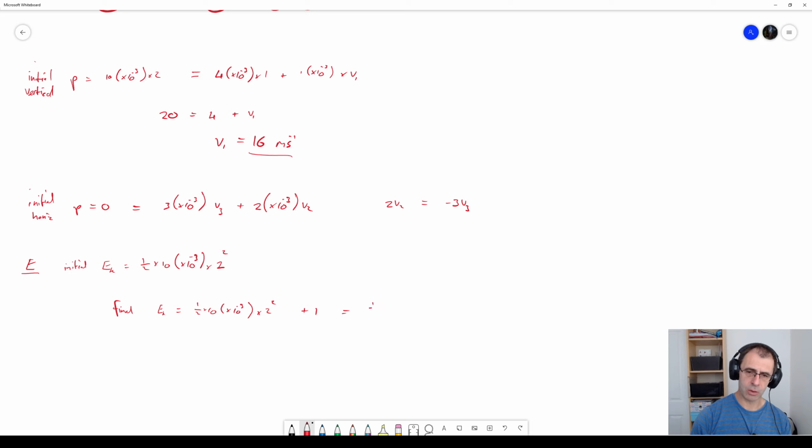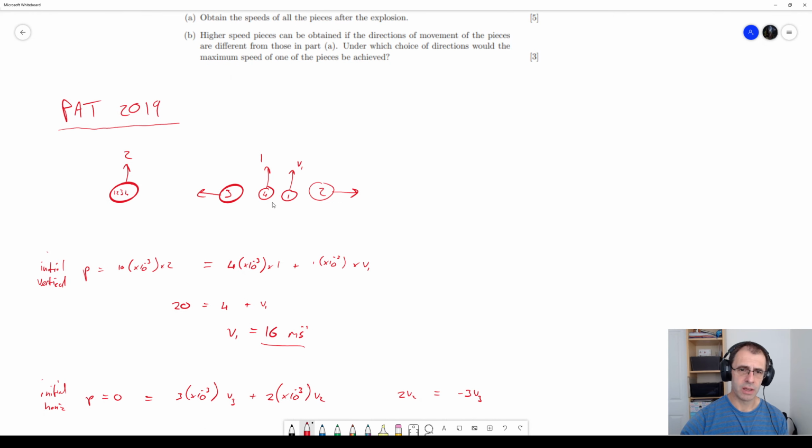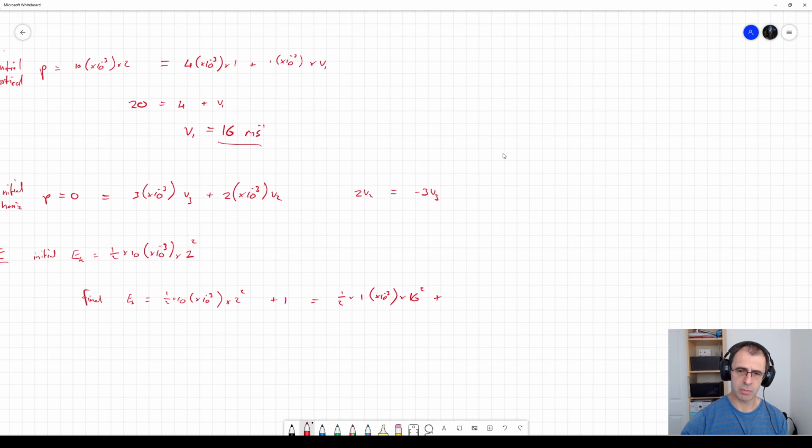So that's going to be equal to a half times 1 times 10 to the minus 3, V1 was 16, plus the other one that we know, V4, that was given in the question. V4 is traveling at a speed of 1.